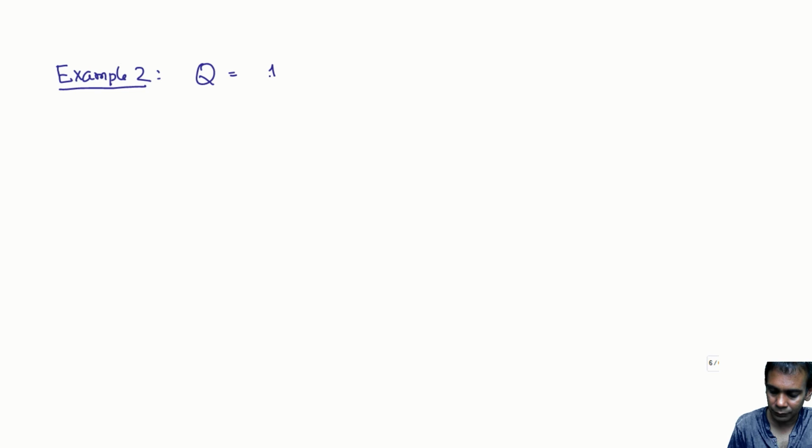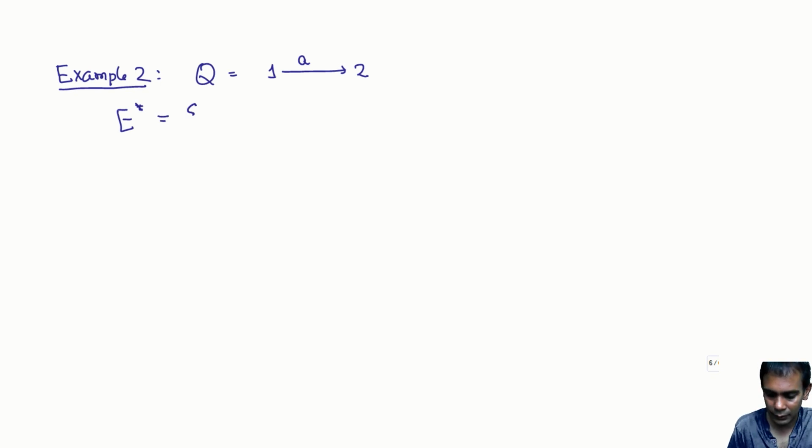Let's look at one more interesting example. I'll just draw the quiver now. You have two nodes, 1 and 2, and we have one arrow which we call A. What are the paths of Q?